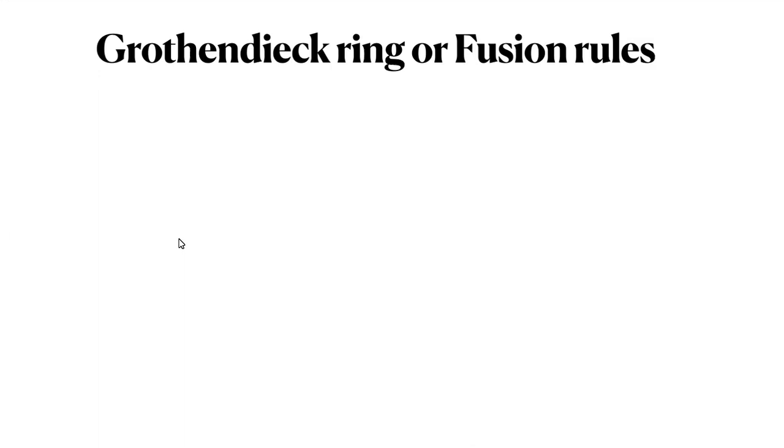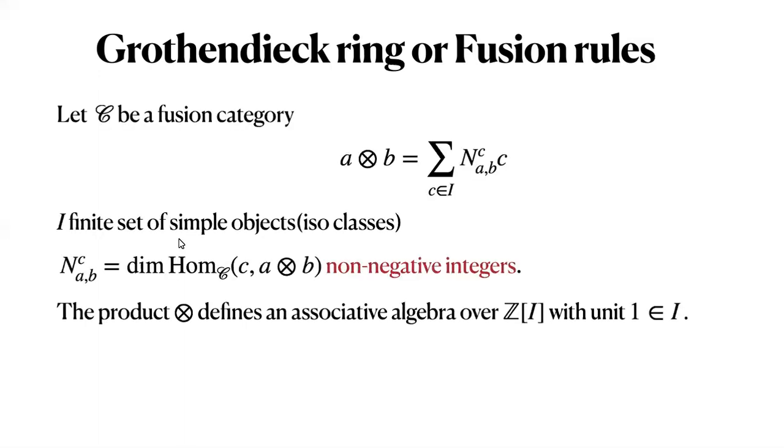Okay, so the first thing is I will start fixing some notations for the Grothendieck ring, or the fusion rules of my fusion category. I want to recall some things just in order to fix notation. So if you have a fusion category, I will denote by I the set of equivalence classes of simple objects. Because this is a fusion category, this is just a finite set.